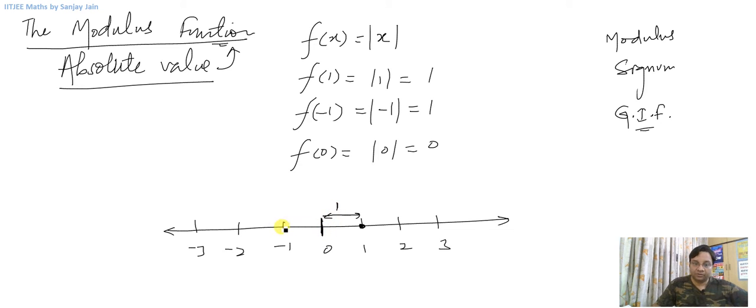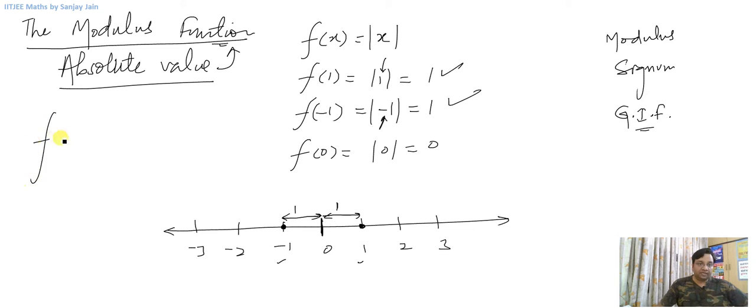If I ask you at what distance is this point from 0, you will say this point is at 1 unit distance, right? So the answer for minus 1 and 1, the distance from 0, is the same for both of these points. So if I put 1 inside the modulus or minus 1, it is giving me 1 here.